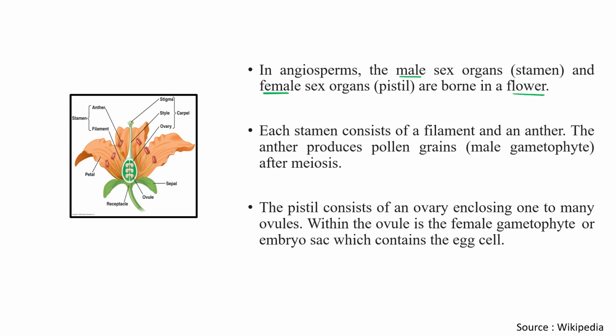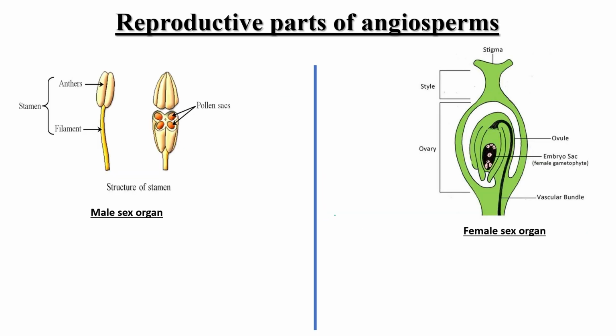This middle green part is the female reproductive part or female sex organ, and this thin one is the male part, right? And this male part is known as the stamen and the female part is known as the carpel. Here, in this picture we can see a zoomed picture of the reproductive parts of angiosperm. This is the male sex organ and this one is the female sex organ.